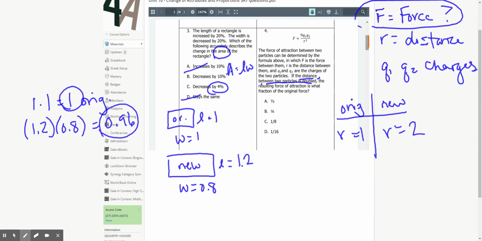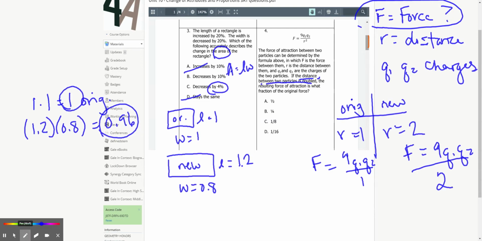The original fraction. So if my original equation is F equals 9q1 q2 over 1, and then my new equation is F equals 9q1 q2 over 2. What has happened to the force? Well, we've got some stuff that stays the same. What stays the same?